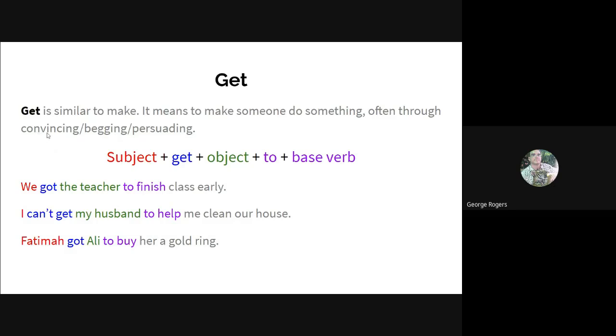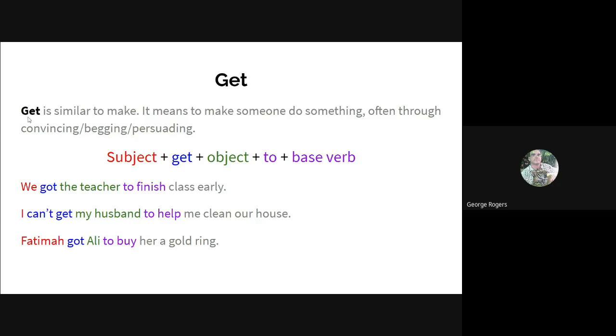Again, it can be through begging or convincing. Convincing means it makes sense for you to do this. Begging is saying, I need you to do this very badly. Persuading is maybe like rewarding. So a little bit different. If you're a manager and you make your employees work hard, they work hard, but they may not like you.